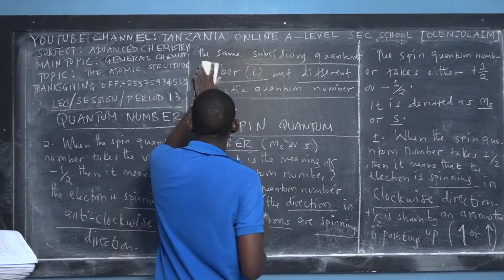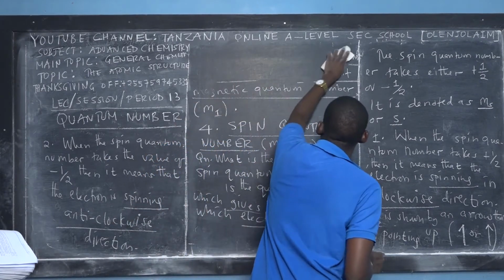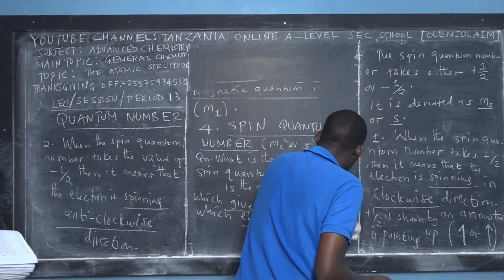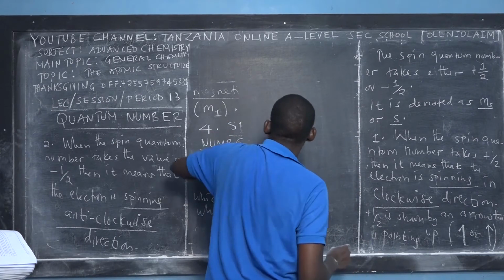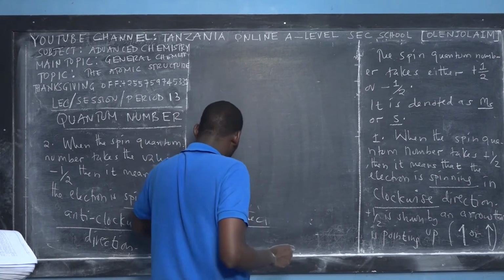This anti-clockwise direction in chemistry we notate by using an arrow pointing down.